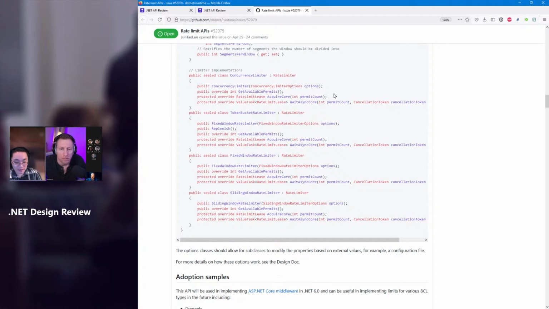Even if you as a library are passed in these limiters, you don't really need to know.